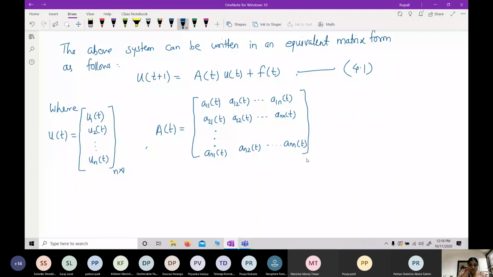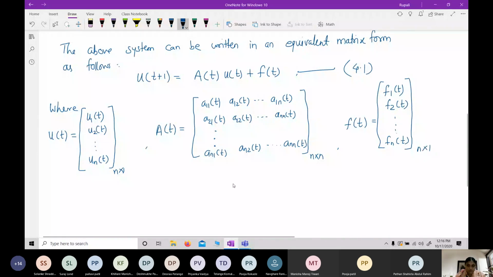This is n by n matrix. And what is f of t? f1t, f2t, fn t. This is also n by 1 vector or matrix.